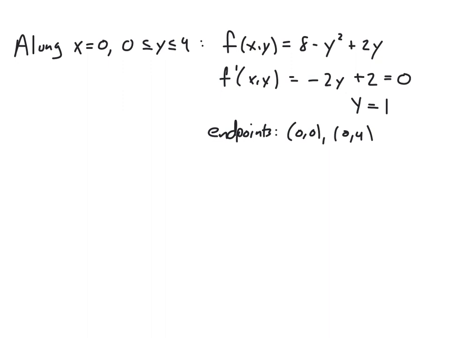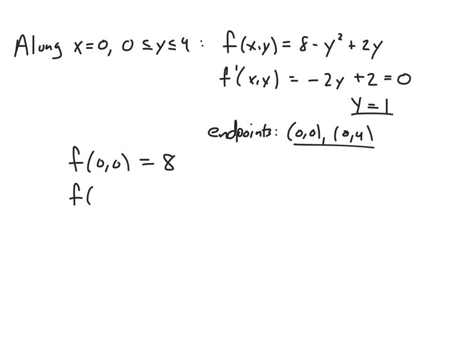And so while we're doing this right now, we can make a list of the function values at our 3 points that we have. And so f(0, 0). In this case, we are using our original function. So f(0, 0) will be equal to 8 if we replace x and y with 0. In fact, we could even use the f(x, y) at the top because all of these are going to have an x equal to 0. So we could use the 8 minus y squared plus 2y if you like.